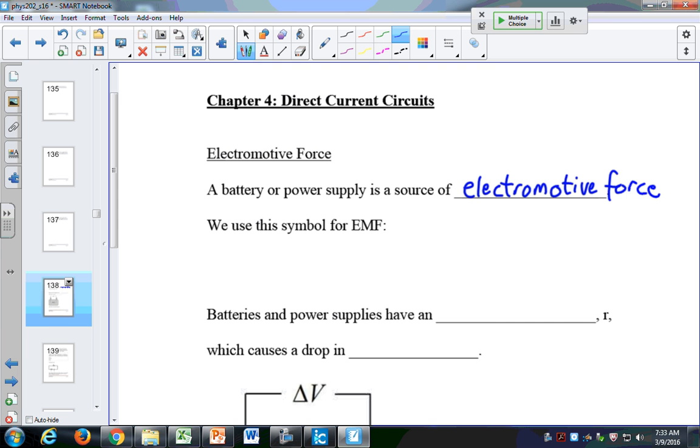Your battery will give your electrons energy as they move through it. We'll use this symbol for EMF, script E, or it sort of looks like an epsilon. We're going to use it interchangeably with the voltage of our power supply, and you'll see me use both. But largely we want to distinguish between them because batteries and power supplies have an internal resistance r.